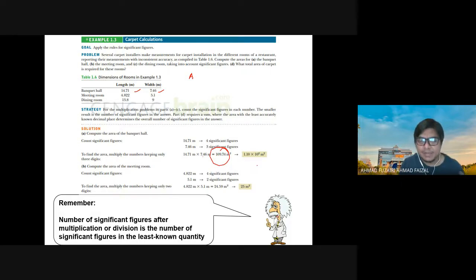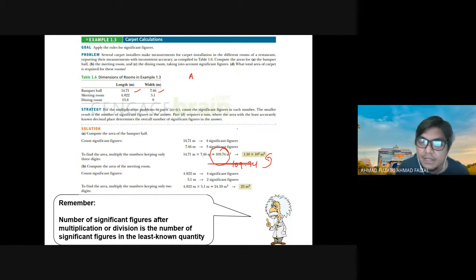Okay, in your calculator, 109.74. In terms of significance, if you look at the question, there is no mention of writing in significant figures. So how does this final answer become 1.1 times 10 power of 2 meter square?